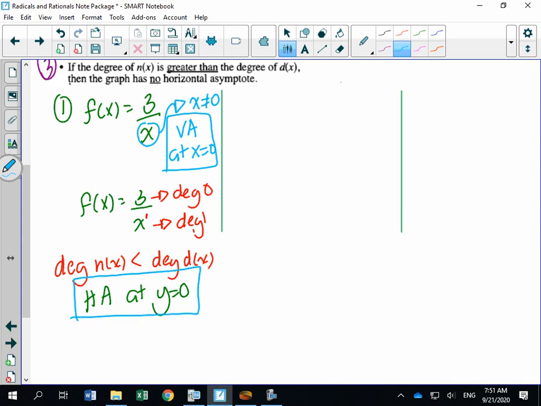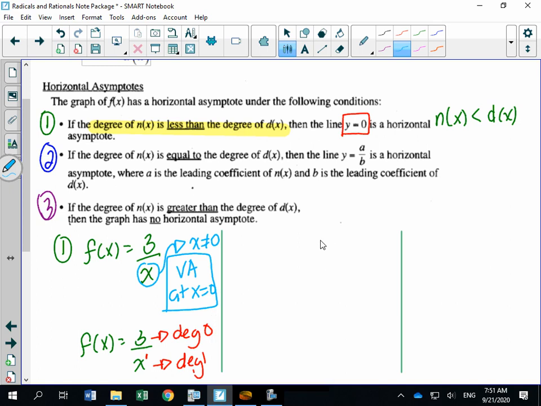The second scenario, scenario 2: if the degree of n of x is equal to the degree of d of x, so they're equal, we'll write that down. Degree of n of x is equal to the degree of d of x.